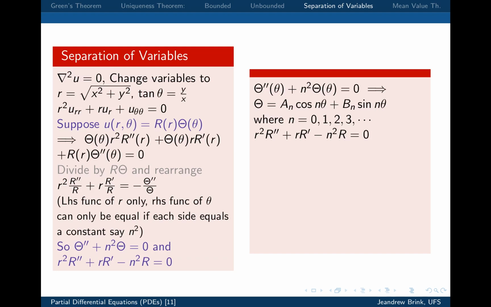First, divide by r squared. You could do that, but the way I looked at it, whenever you take a derivative with respect to r, you lose a power of r. And so here, this r squared is actually fixing it.